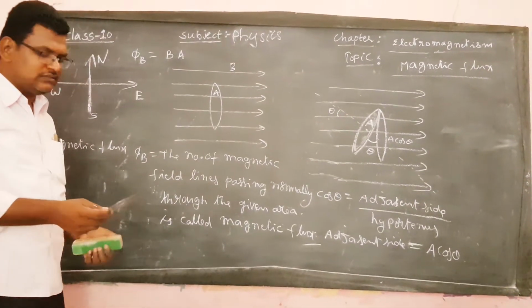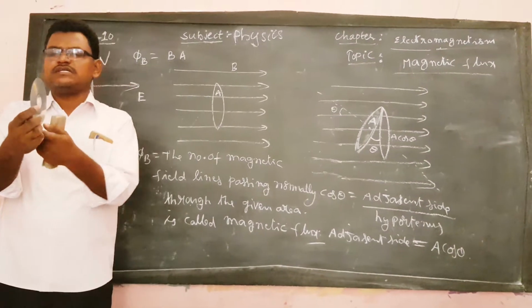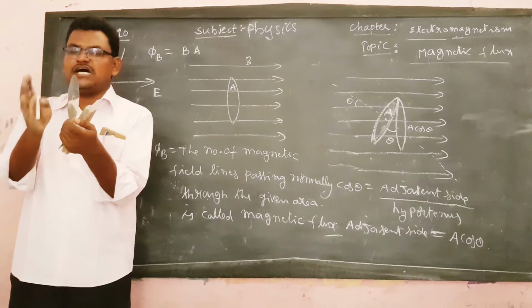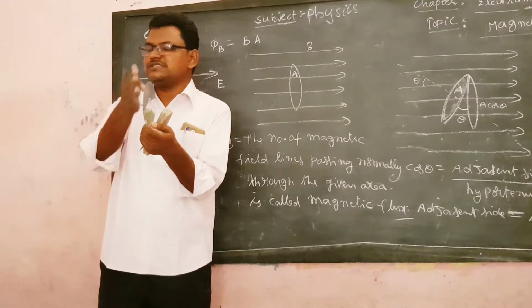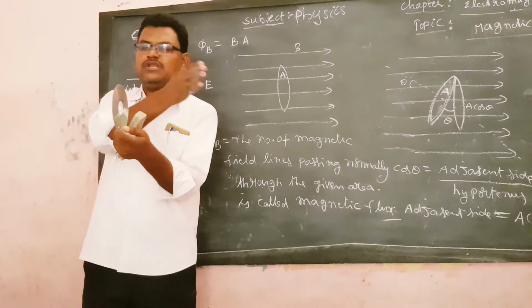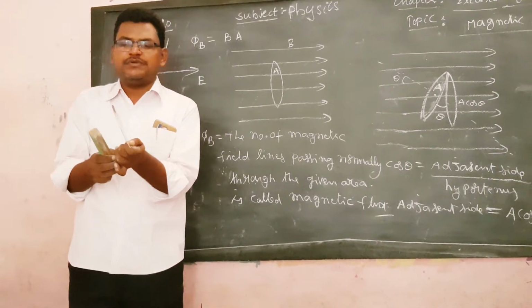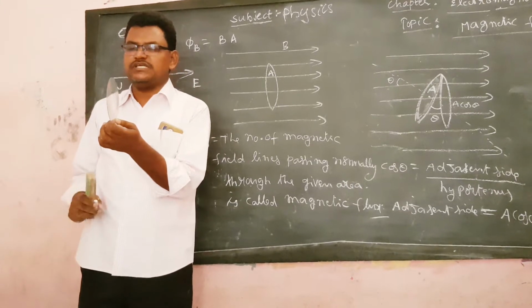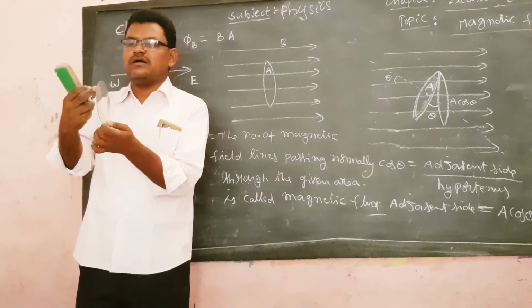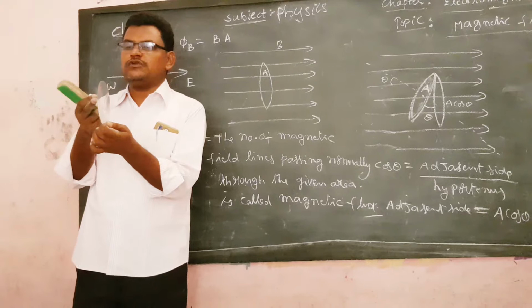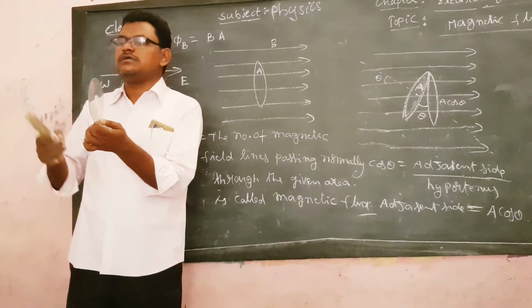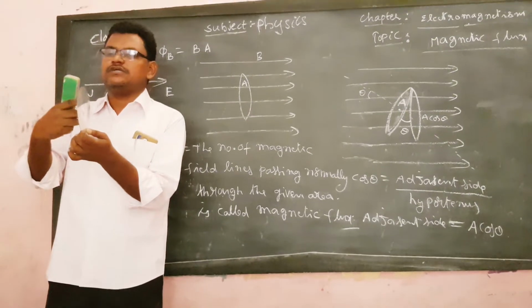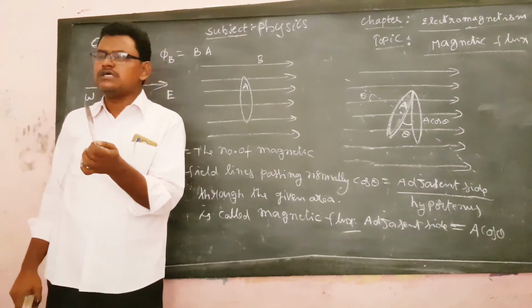Now if you take the surface area perpendicular to the magnetic field lines, assume the magnetic field lines are passing from right to left, and I am taking the surface area in this orientation. That means the surface area is perpendicular to the magnetic field line. Then magnetic flux is equal to the number of magnetic field lines into the surface area.